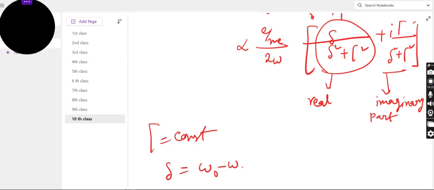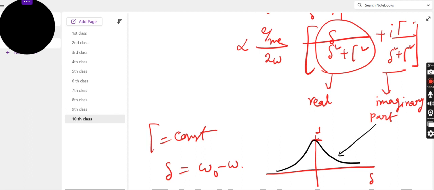And we know the graph as well, that if we normalize these two things and we draw a graph, this graph corresponds to the imaginary part, which we see is a very even part, and I have made a mistake, it should be more sharp.